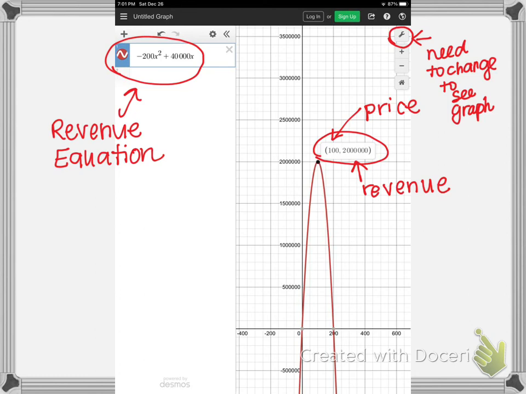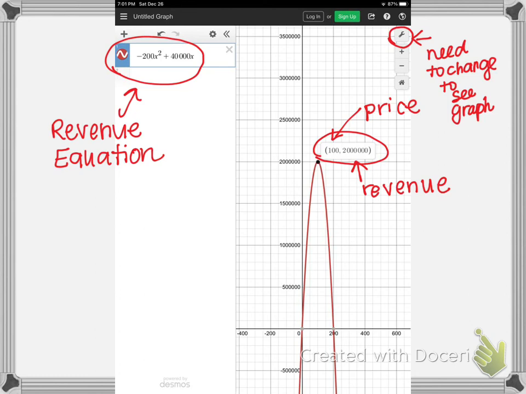Usually, our maximum revenue will also produce our maximum profit, but not always. So if we were a business, we would say, okay, I am going to set my prices at $100 per item, and we're hoping that that's going to be equilibrium. Obviously, based on the previous slides, if our price is too high or too low, we can adjust accordingly.